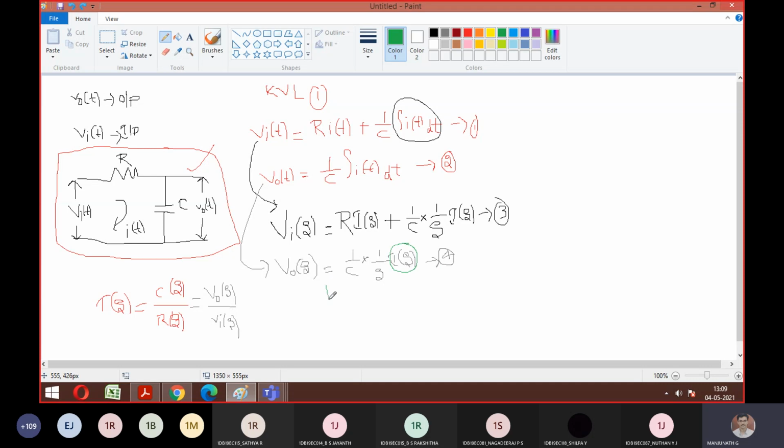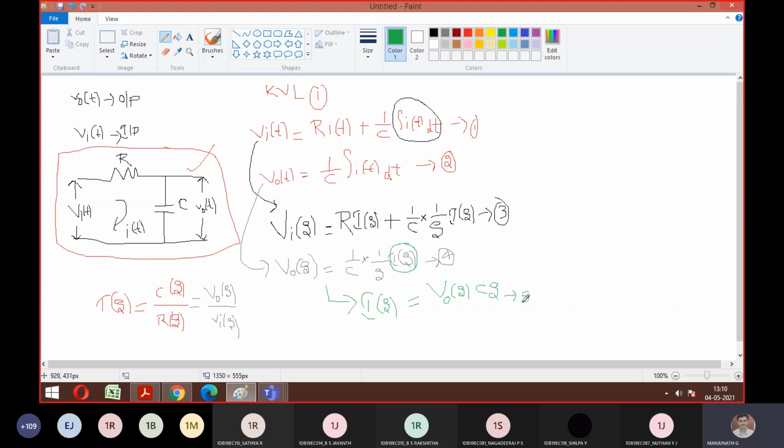From equation number 4, I asked you to get only I of S. So only I of S means, what is the equation? I of S is equal to, cross multiplying with this C into S, V naught of S into C into S. If you want, you can designate this as equation number 5.